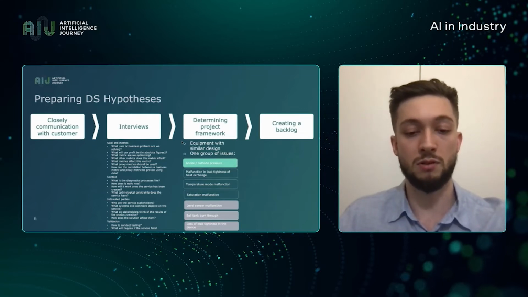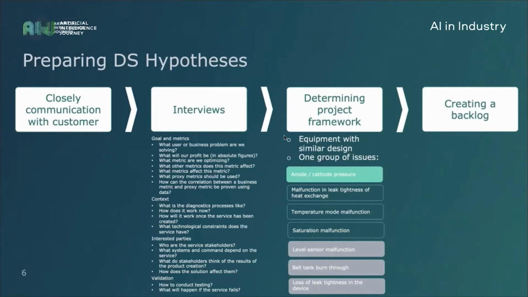I should begin with how our hypotheses appear. We first need to get data. When we get the data, we create our first backlog. It's really close communication with the customer.